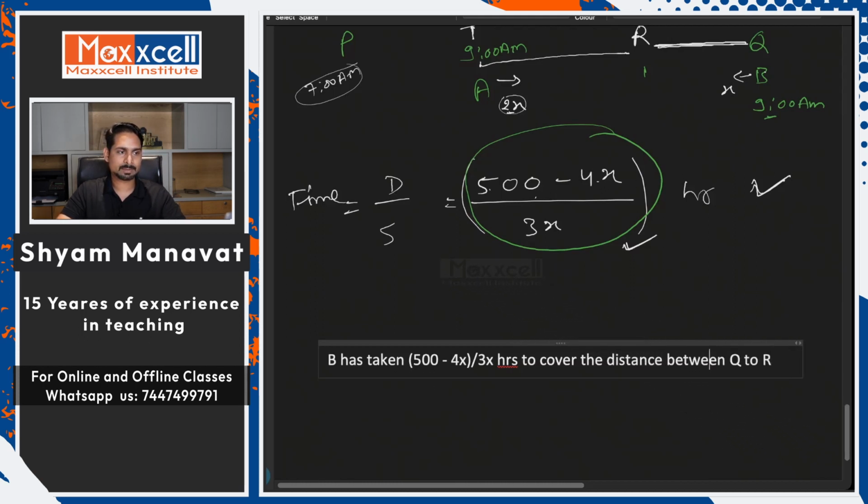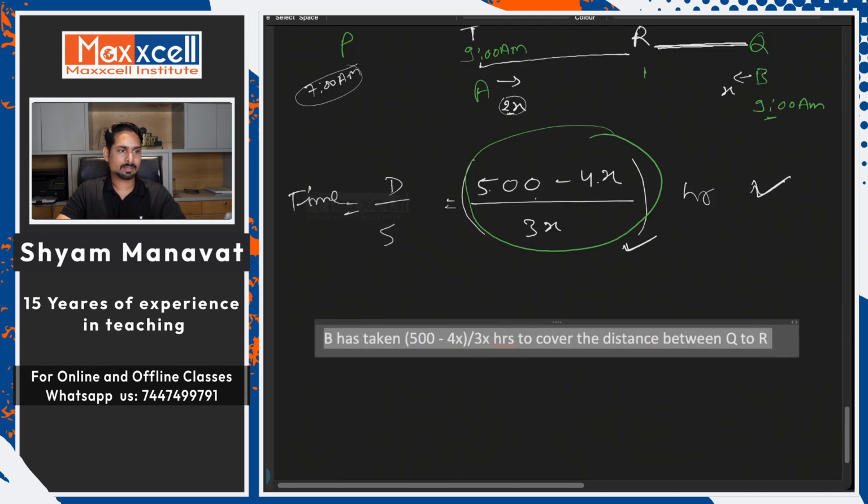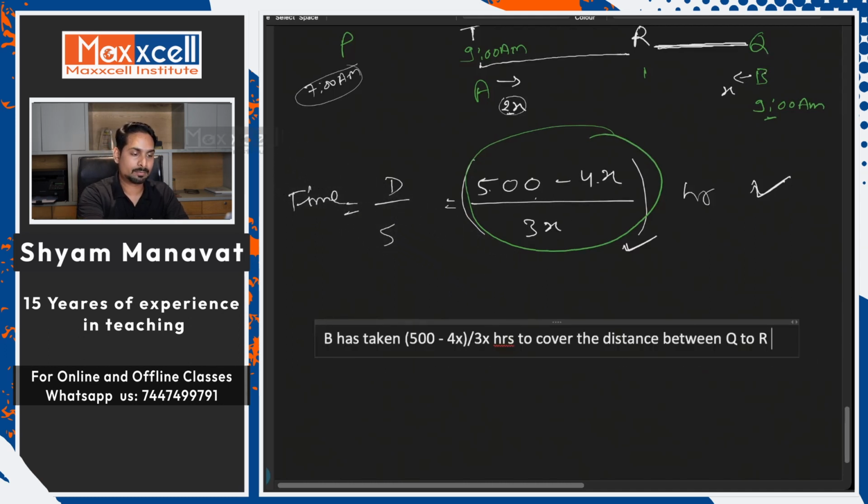Q to R, is that clear? Yeah, with the speed of x kilometer per hour. That's what we have assumed.